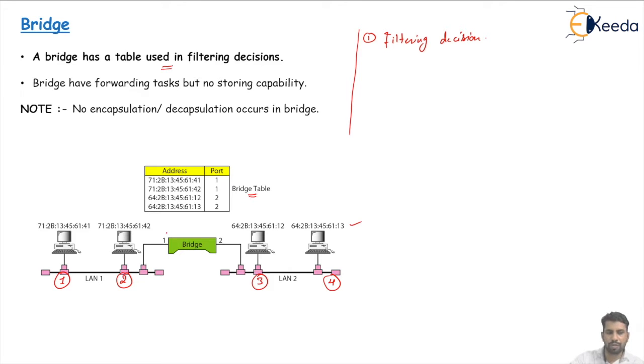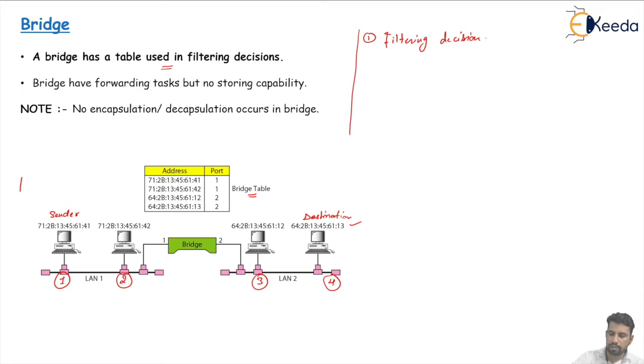On the basis of this table, the bridge will forward the frame through the corresponding port to reach the particular destination. For example, this station becomes the sender and this one the destination, and the sender wants to send a frame to a destination on the other side, in LAN 2.